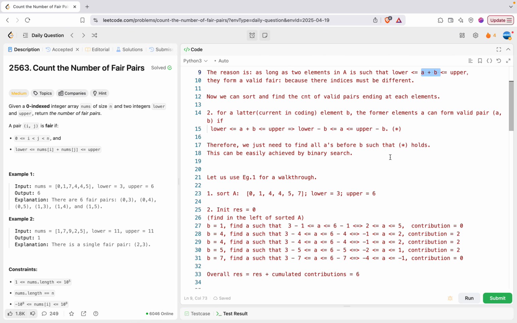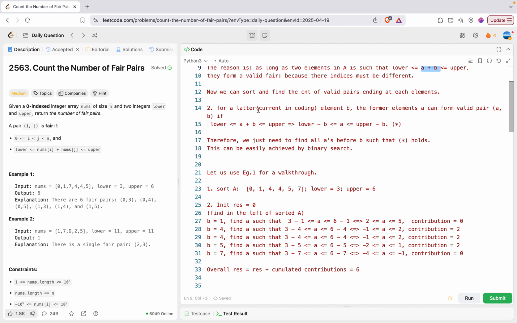The second part is that for a later element, which we regard as current when we do the coding in the loop, call it B, the former elements A can form a valid pair (A, B) if A plus B is between the two bounds.